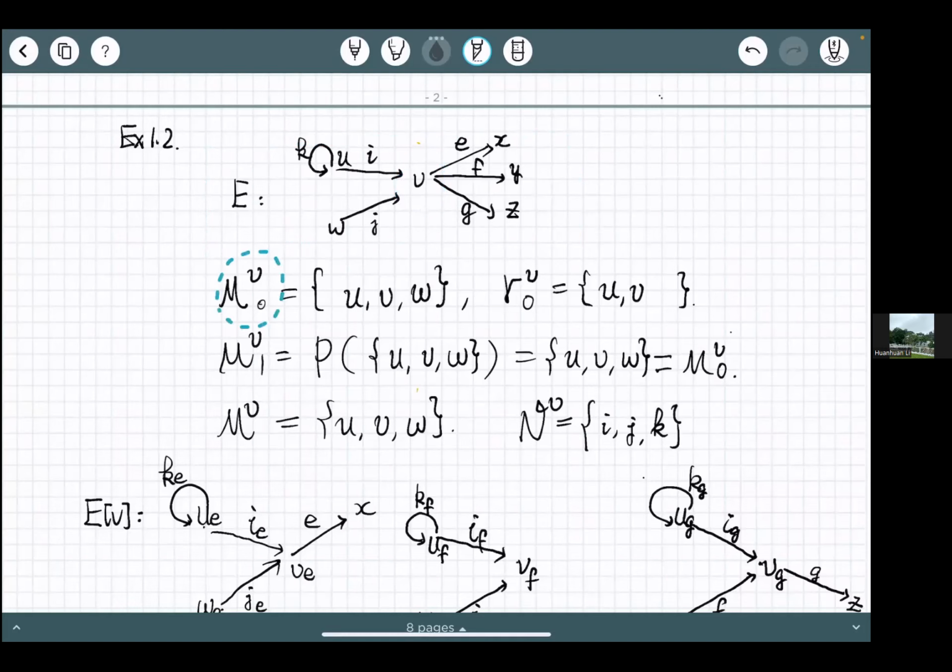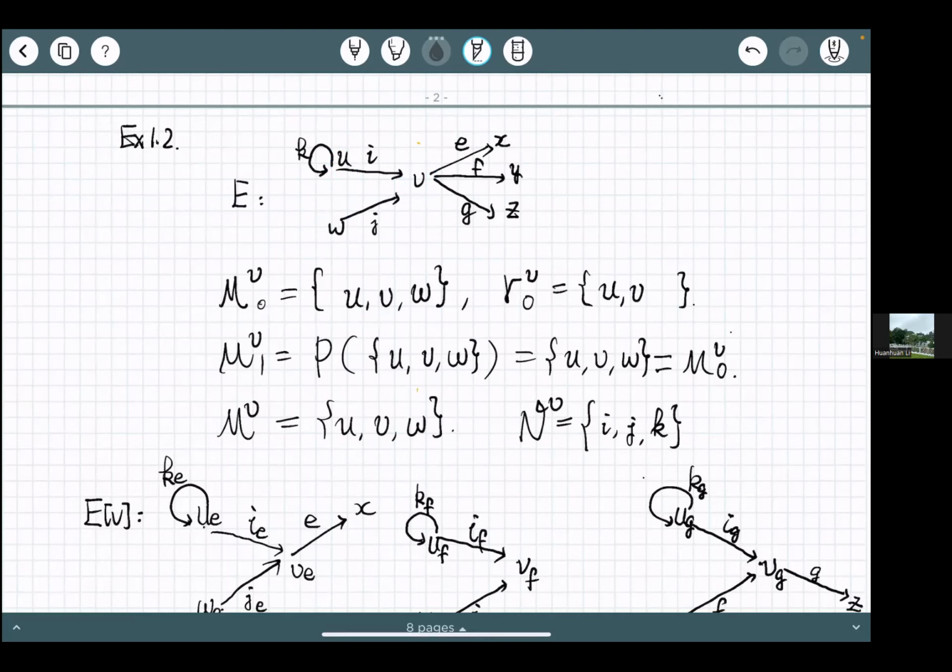So for M0V, this is the predecessor of the set which only contains V. So we need to look at the graph. The predecessors for V would be U and W. And of course, we should contain V itself, right? So M0V would be UVW.